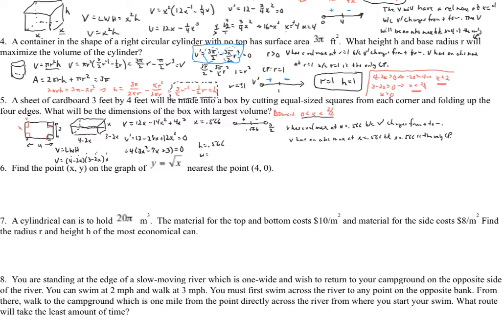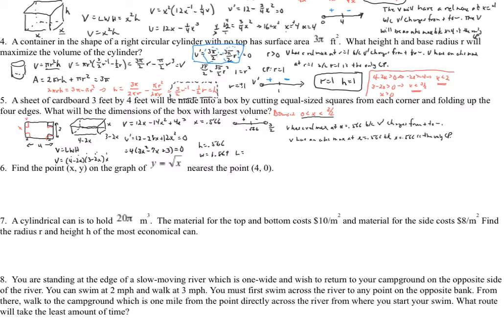So before I do anything else, I'm going to go second mode. That's going to take us to the home screen. Then go store, which is right above the on button, X, that X comma T comma theta button, enter, and that will take all the decimal places of accuracy and put it in as X. Then we can go 3 minus 2x, and we'll get our width is going to be 1.869, and our length is going to be 4 minus 2x.